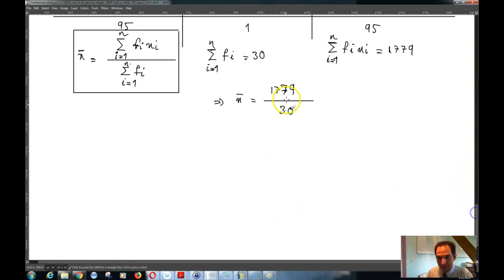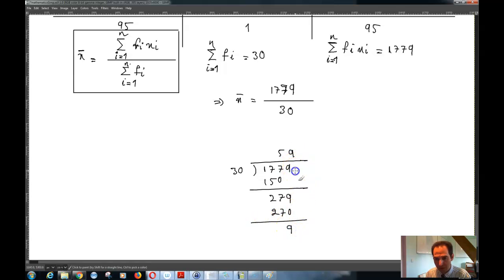Now if you do this, let's not use a calculator. So 1779 divided by 30: 6 times 30 is equal to 180, 5 times 30 is equal to 150, and then 7, 2, 9, and 5, 6, 7, 8, 9. 9 times 3 is equal to 270.